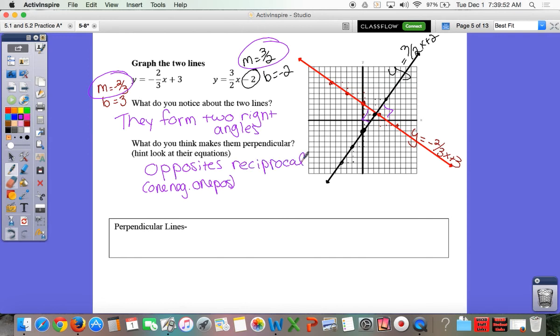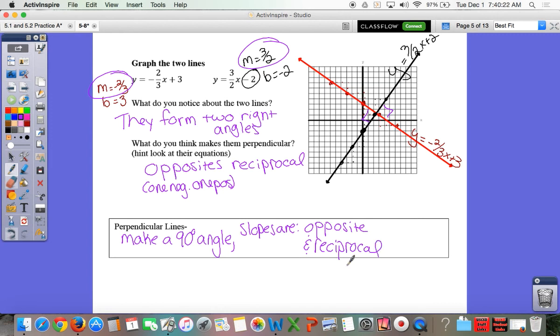That's all. So perpendicular lines make a 90-degree angle. And this part's really important to know, that their slopes are opposite and reciprocal.